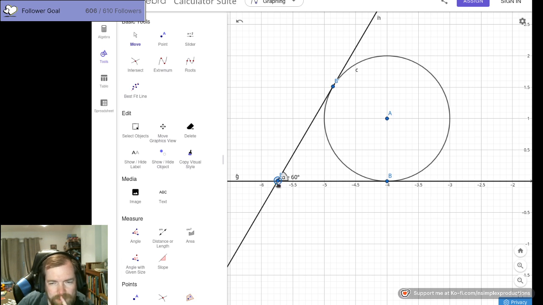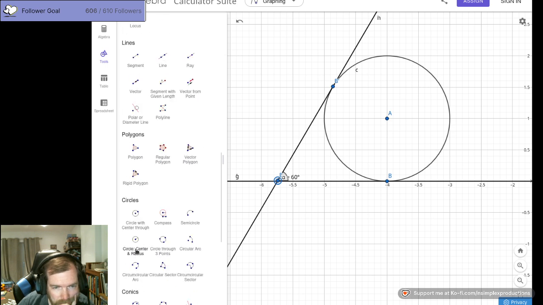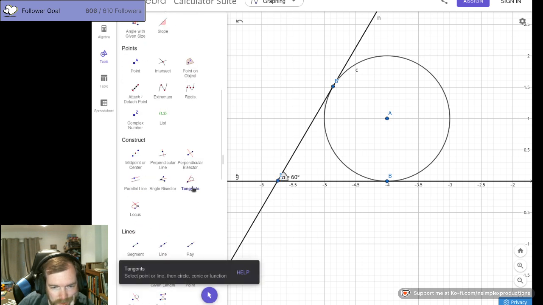I want this to move E until B prime is on circle A. Or to create a parallel line that is also a tangent to the circle.